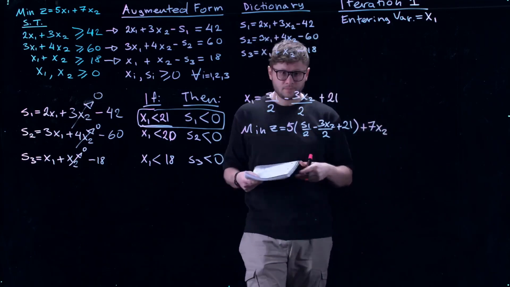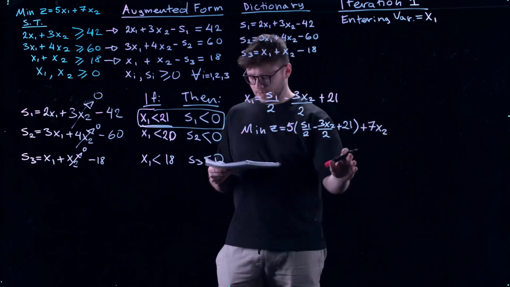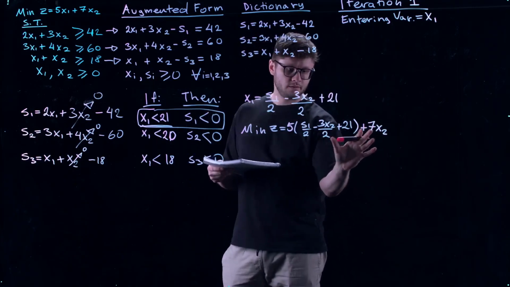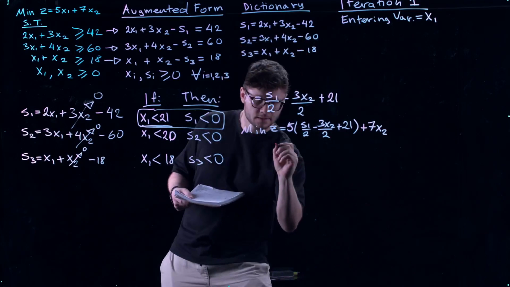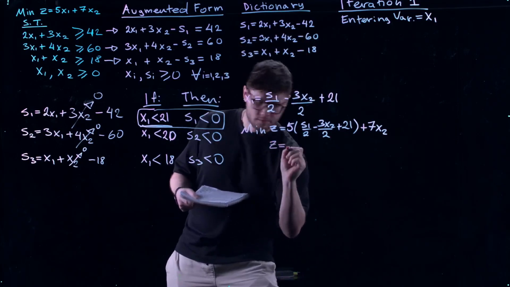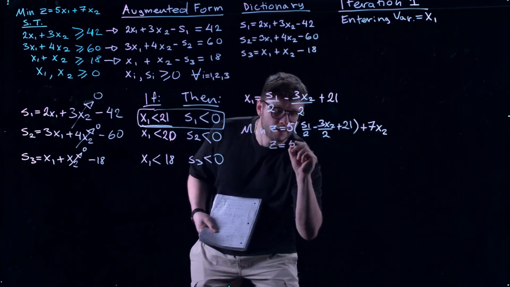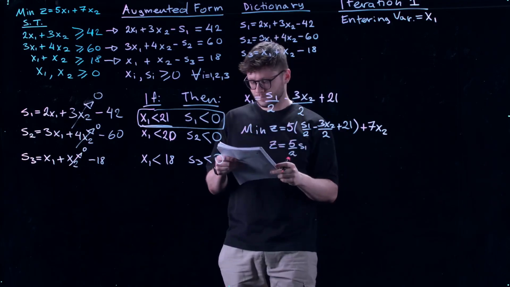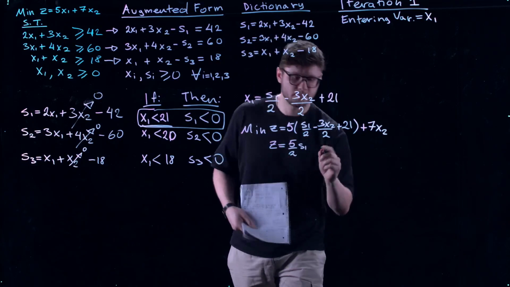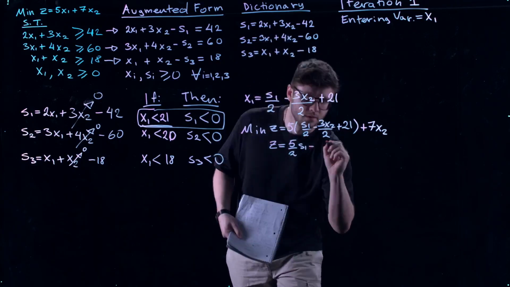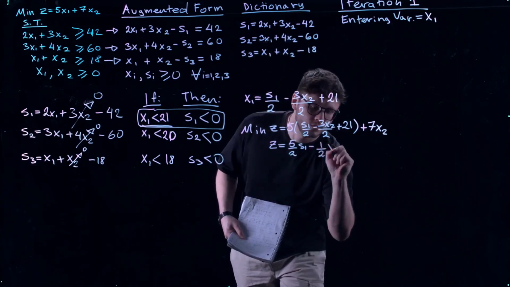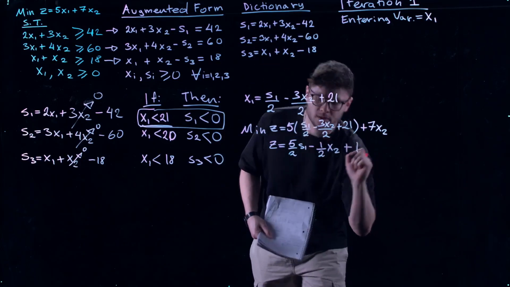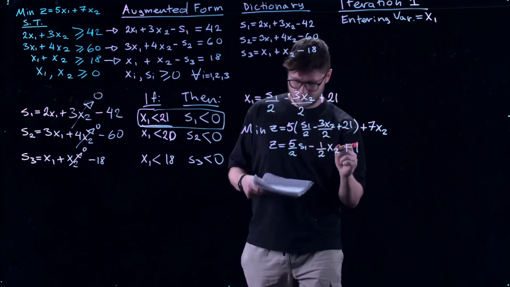If we multiply the 5 through and add the values of the x2, it's going to give us that z equals 5 over 2 s1 minus 1 over 2 x2 plus 105.